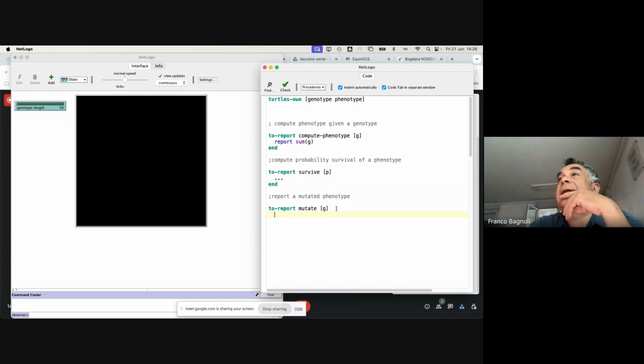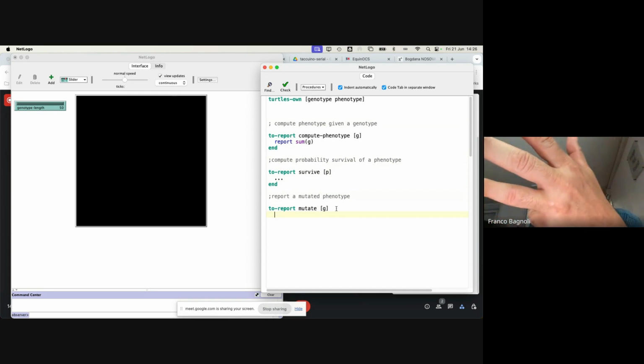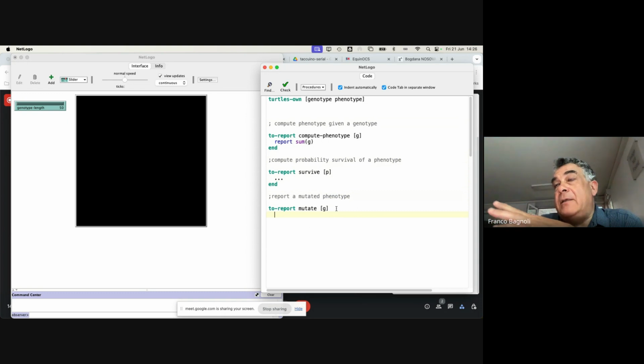So the idea is to develop a model that shows that if they have chosen the R strategy, producing as many sons as they can, it is useless to survive past the first reproduction phase.